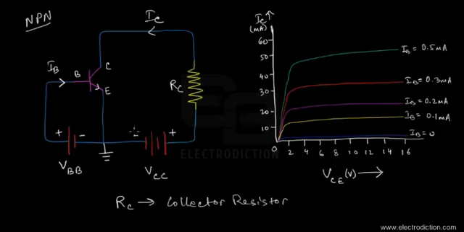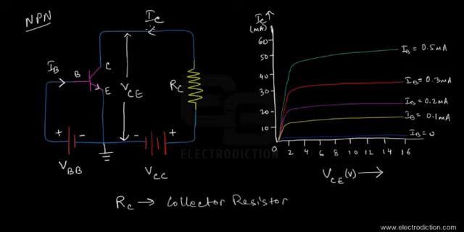A part of this total voltage would appear across the resistor RC, and the remaining part would appear across the collector and emitter terminals of the BJT. I'll write this as VCE, the collector to emitter voltage across the collector and emitter terminals of this BJT.